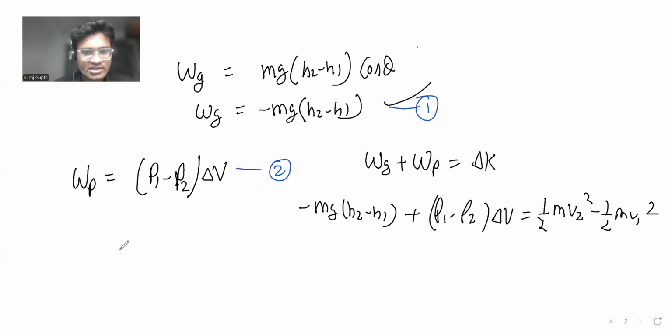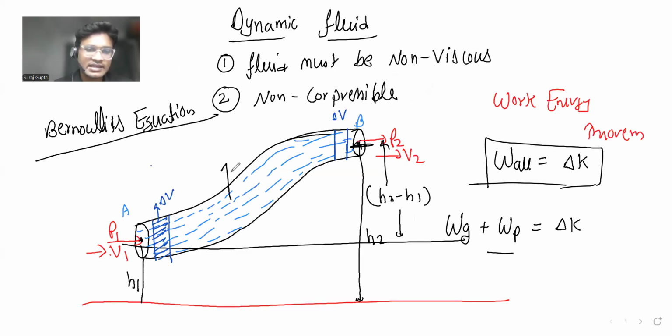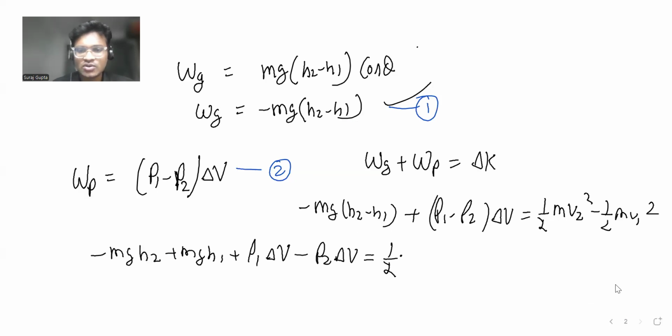So this equation is minus mg h2 plus mg h1 plus P1 times change in volume minus P2 times change in volume, equal to 1/2 m v2 square minus 1/2 m v1 square. Now, we want to find the equation in the form of density, because the density of the liquid is given, not the mass.